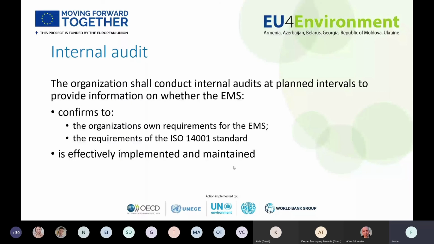And by doing internal audits, we confirm whether our organization complies with its own requirements as documented in the environmental management manual and in the procedures. And on the other side, whether we are complying with the requirements of the standard, wherever we go for a formal, proper certification.